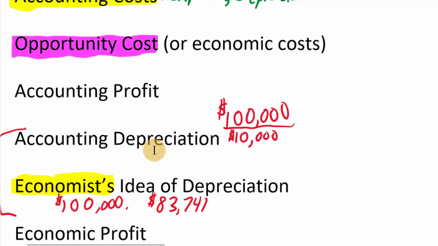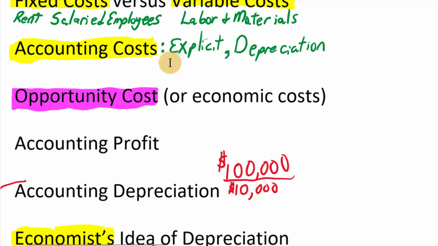We want to try to think about, at least, even if we don't know the true value, the real value of every asset that's lost by using it in a business. We want to account for all the implicit costs and all the explicit costs. And all these, if we use them in our business and they could have been used for something else, they're all opportunity costs. They're all economic costs.